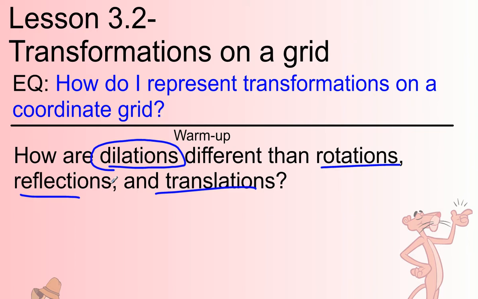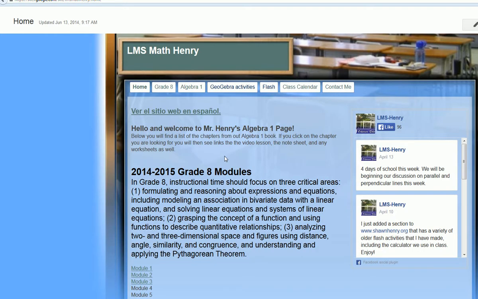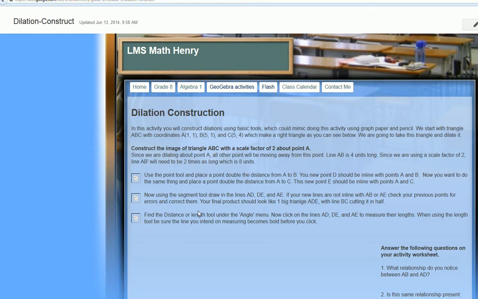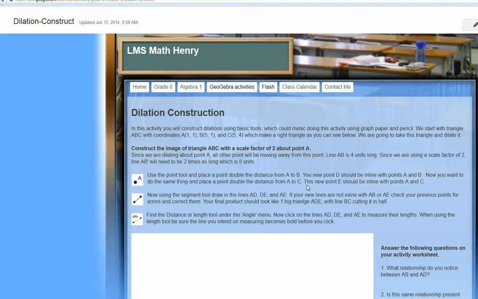Also, I want to mention, if you have not gone to seanhenry.org, there was an activity between the previous lesson and this lesson. So let me show you. So here's seanhenry.org, grade 8, module 3. This was the lesson we just did. There's this other GeoGebra activity about constructing dilations. Now this activity might take a good while to do.